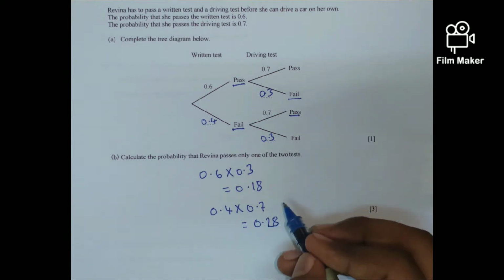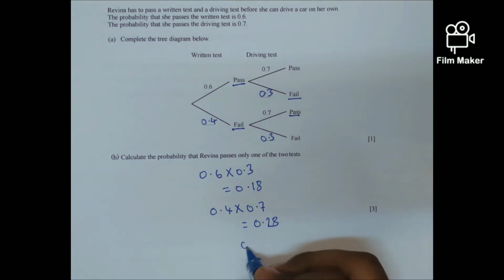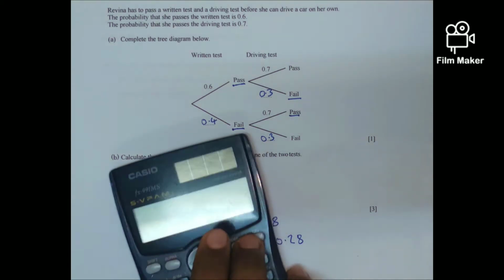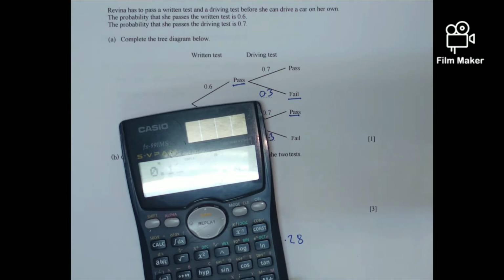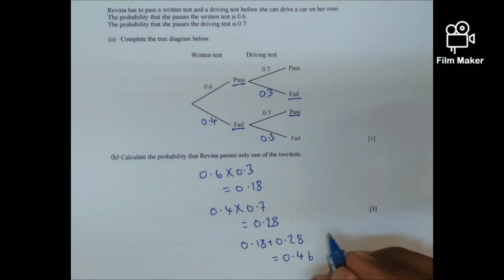Now we'll add 0.18 and 0.28. Let us put it on our calculator. 0.18 plus 0.28 equals 0.46. So this is the answer for this question.